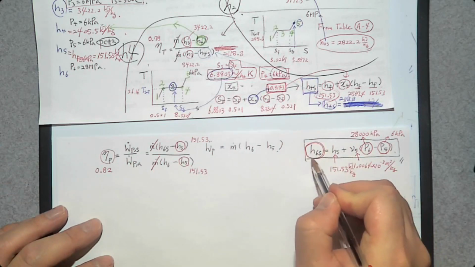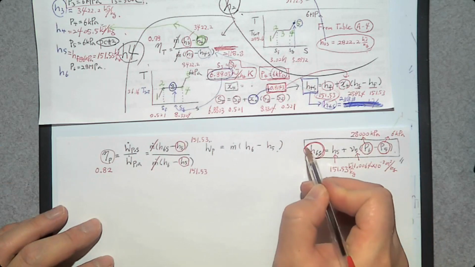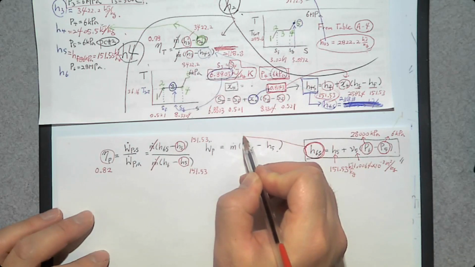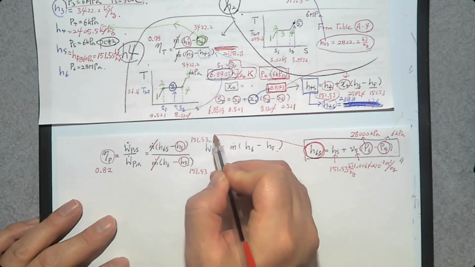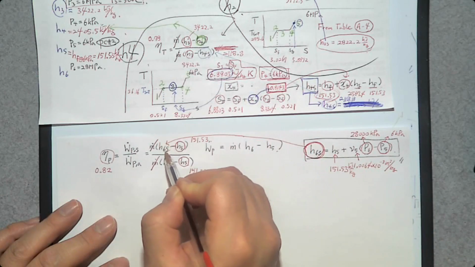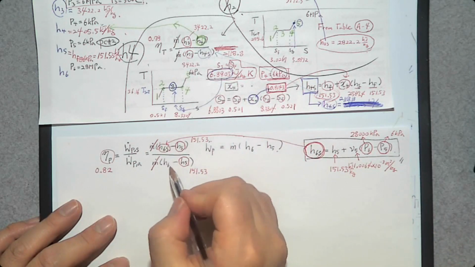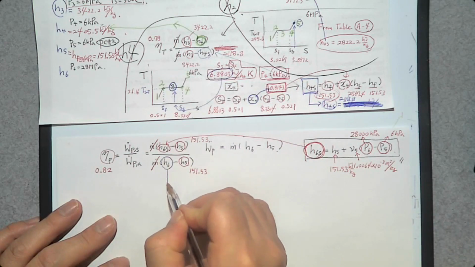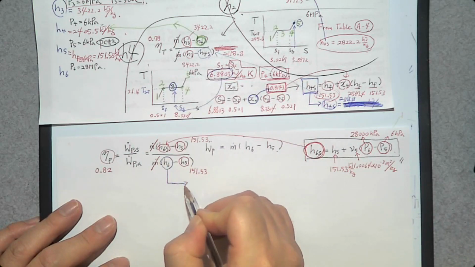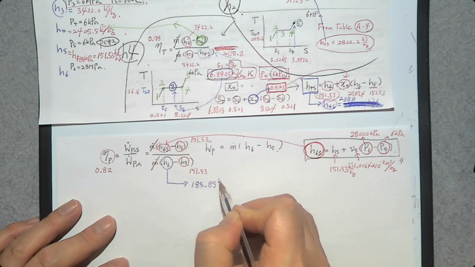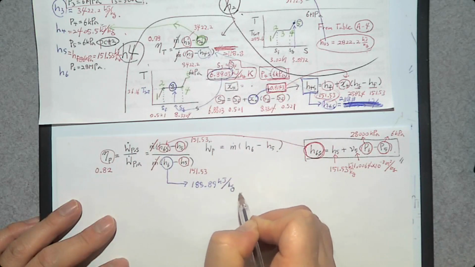So this one, after you calculate this one, by the way, I don't know the value. This one goes in here, H2S. That will give us 86. I know this value, by the way. It is 185.89 kilojoule per kilogram.